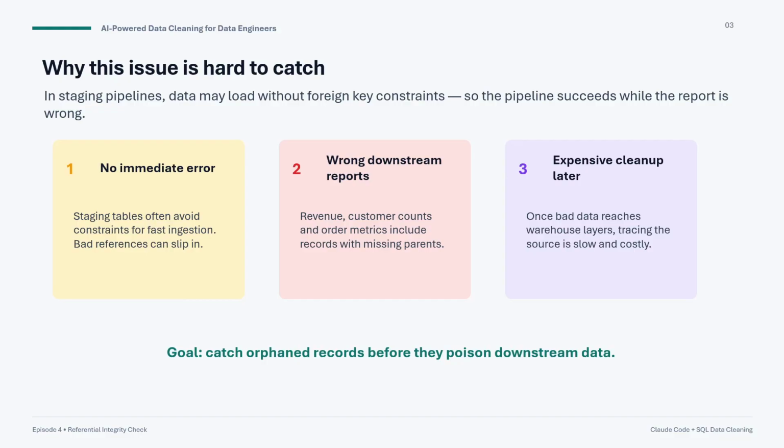This can lead to incorrect revenue numbers, inaccurate customer metrics, and misleading business insights. The later we detect these issues, the more expensive they become to fix. That's why integrity checks should happen before data reaches reporting layers.